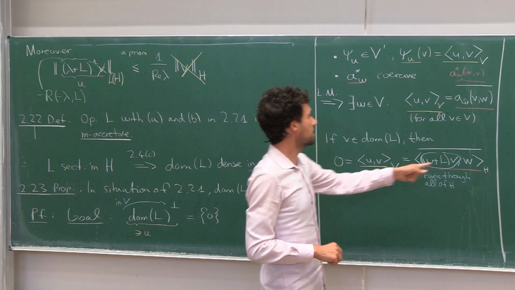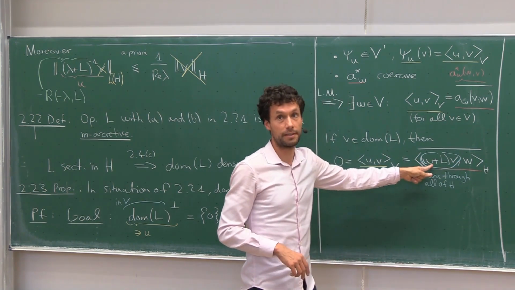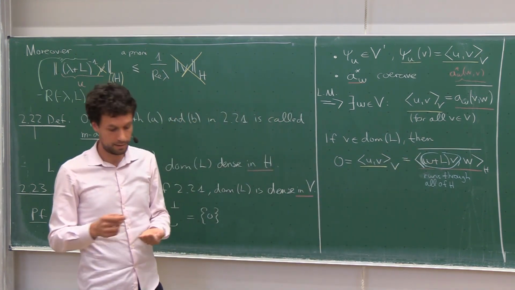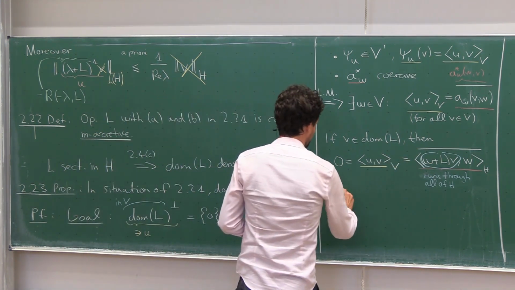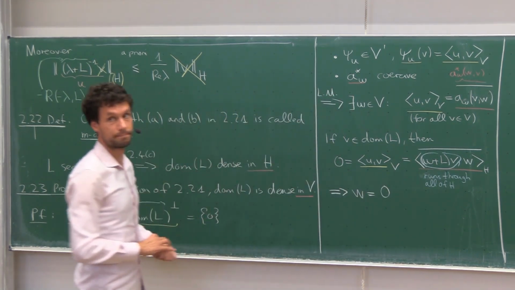All right? So this W guy has the property that it is orthogonal with respect to the H inner product to every single element. So there's only one possibility for this. The W has to be 0.